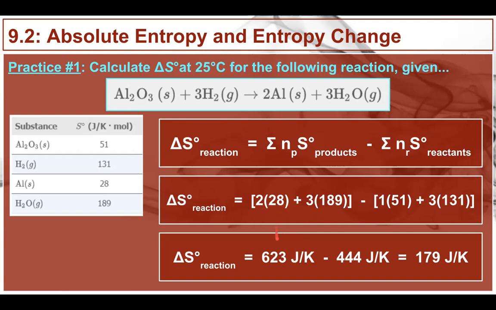We add those all up and we end up with 623 joules per Kelvin. Then for our reactants, we have 1 mole times 51, that's our aluminum oxide, plus 3 moles of H2 times 131 joules per Kelvin per mole. That is going to add up to 444 joules per Kelvin. When we put these together, 623 minus 444, we end up with positive 179 joules per Kelvin.